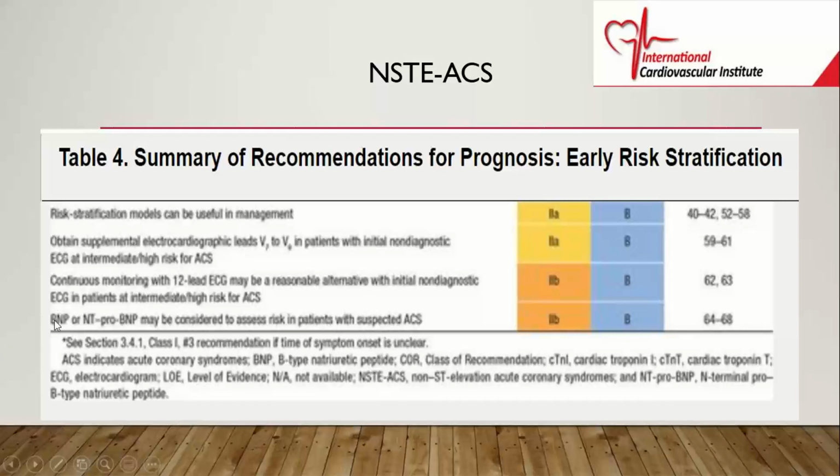Especially if the patient has some shortness of breath, we routinely do BNP. For those of you who are not familiar with BNP, it's brain natriuretic peptide, or you can do NT-proBNP. These are compounds that are increased when there is increased stretch in the atria.